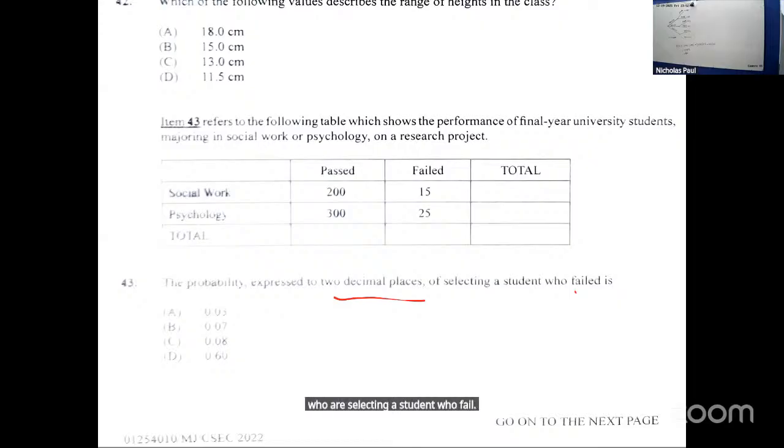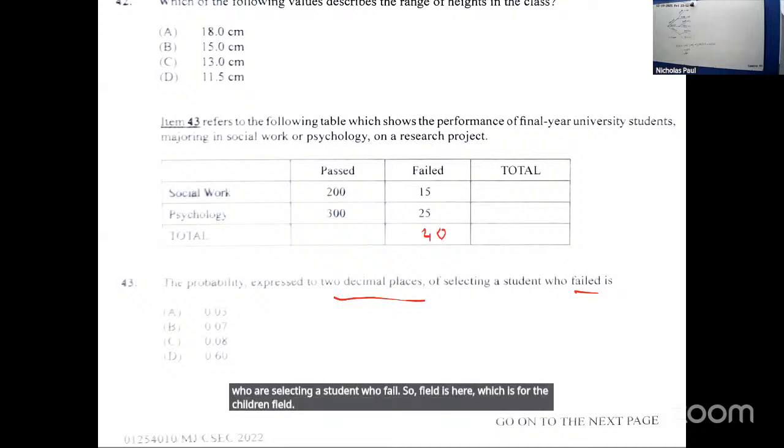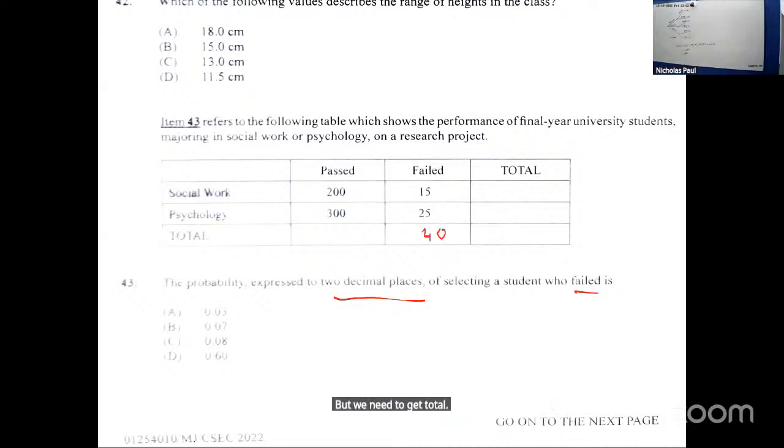Failed is here, which is 40, but we need to get the total. It's 500 passed, so the total is 540, and the number who failed is 40.